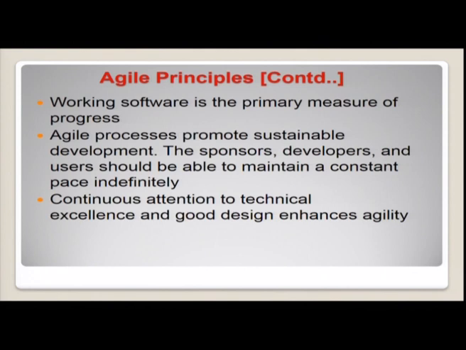The sponsors, developers and users should be able to maintain a constant pace indefinitely. Here the process works with continuous, sustainable development, and the sponsors, who are also the product owners, developers and users should maintain a constant pace indefinitely.